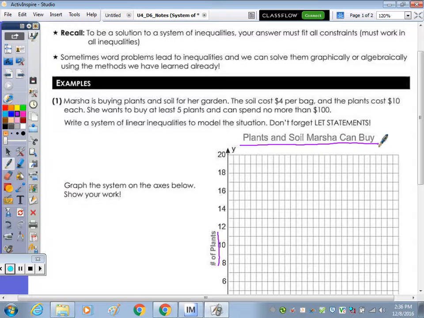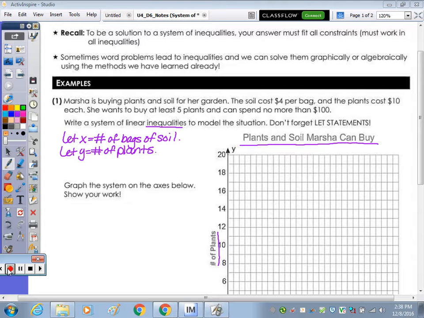So we're going to write a system of linear inequalities. I'm going to write down the variables. I want you to focus on writing the 2 inequalities. Our first inequality comes from the statement she wants to buy at least 5 plants.